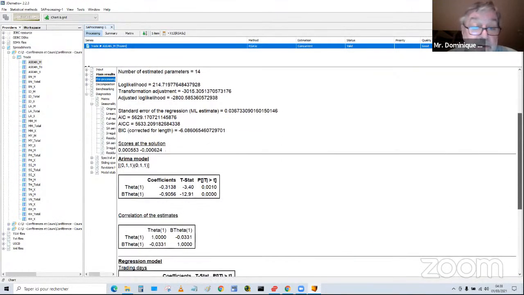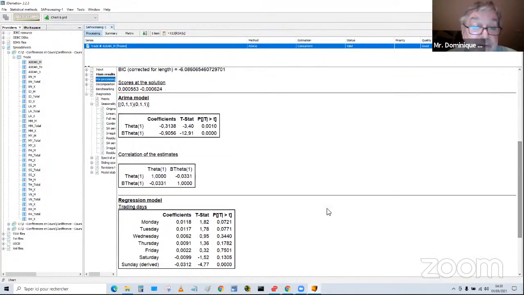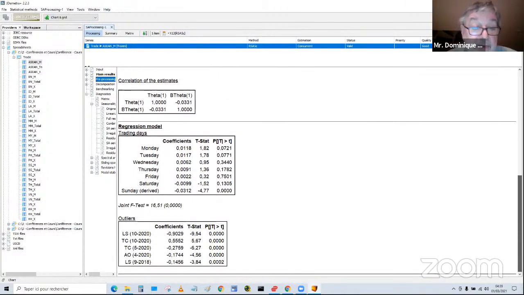So I didn't ask specifically for the airline model, but I get the airline model, and I'm pretty happy with that. So here you can see, look at that, you can see that you have a trading day effect. So here you have all the statistics, okay?